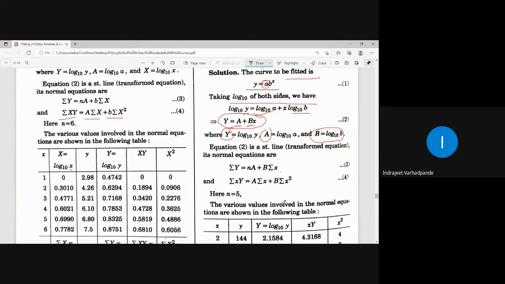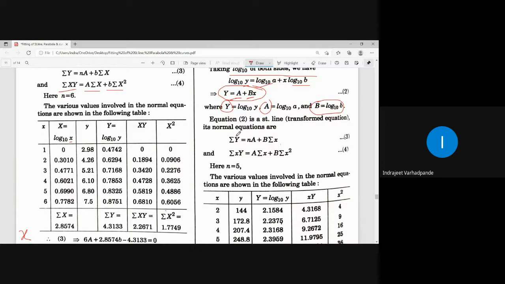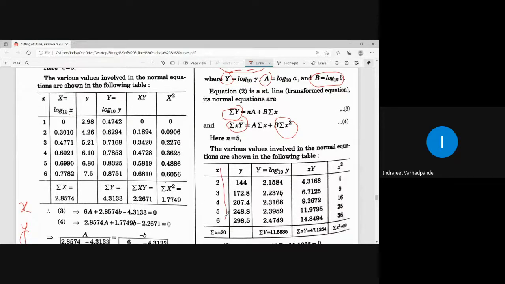As per the requirement, I will be requiring summation capital Y, summation small x into capital Y and summation small x square. So the x column I have written completely, the y column I have written, and only I will be calculating capital Y. There is no requirement for capital X, so we will not calculate it.